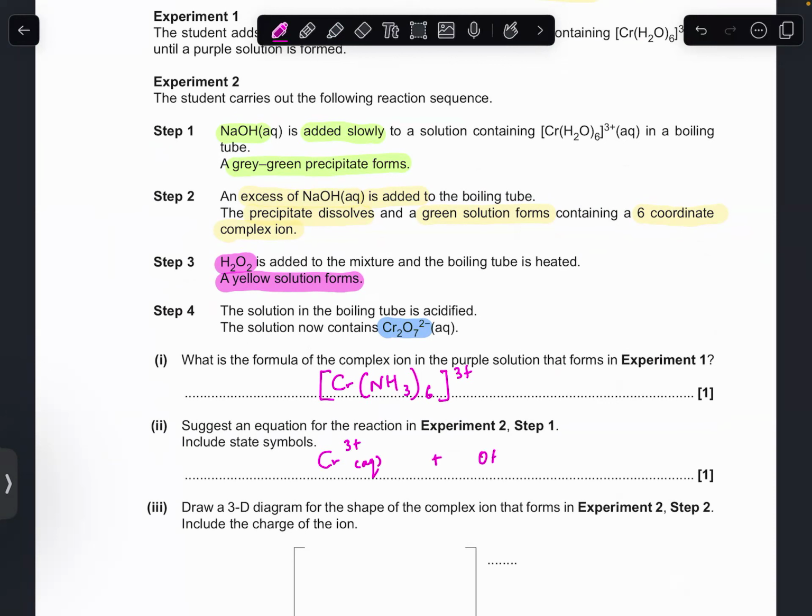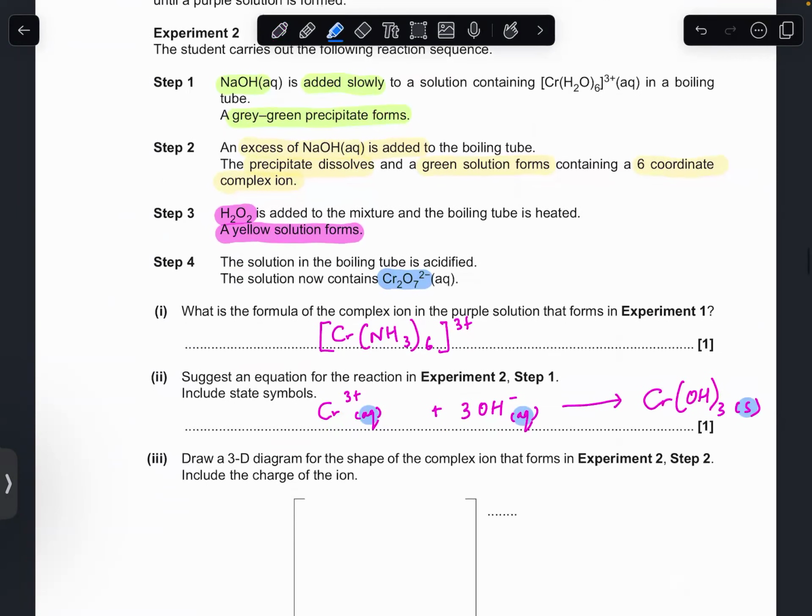These react with hydroxide ions, again in the aqueous state, and go on to form chromium 3 hydroxide, which is in the solid state. And to balance, put a big 3 there. You must ensure that you get these state symbols in. Aqueous to give you a solid. Very important. Next question.